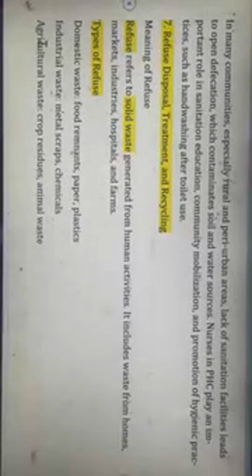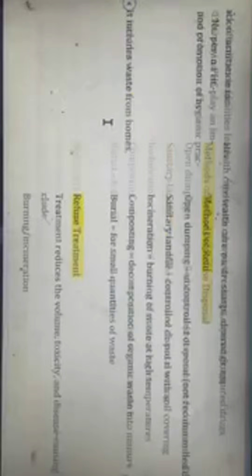Agricultural waste: crop residue. We have healthcare waste: sharps, dressings, expired drugs. All these are healthcare waste.